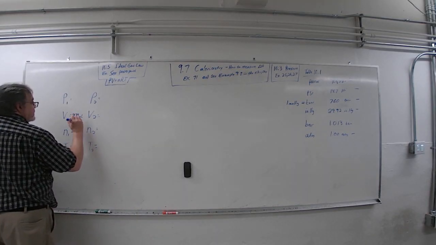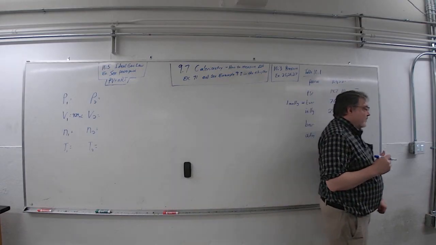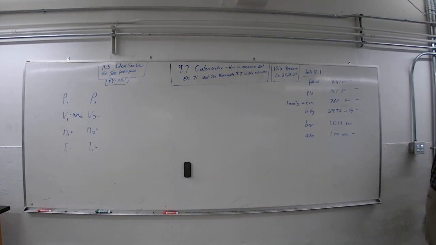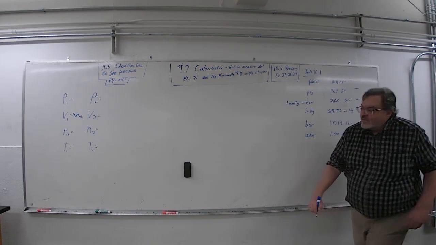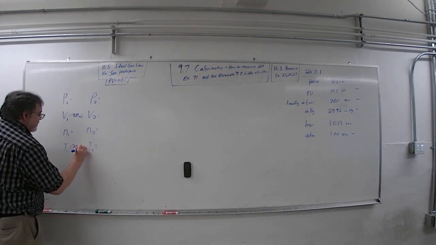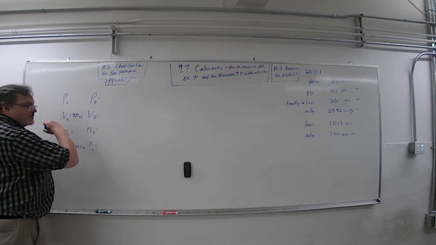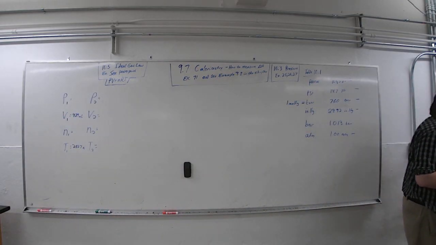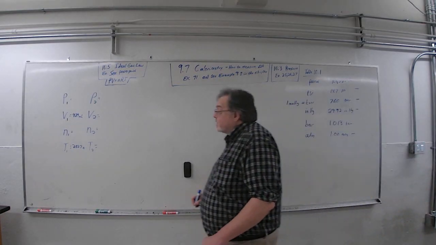It's at 9.5 degrees C, and you see that my temperature conversion takes that to 282.7 Kelvin, at 2.2 atmospheres. So 2.2 atmospheres is P1. 282.7 is T1.